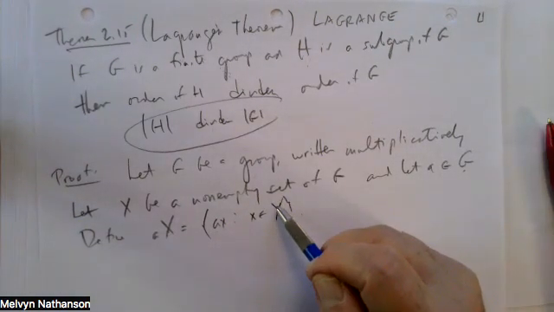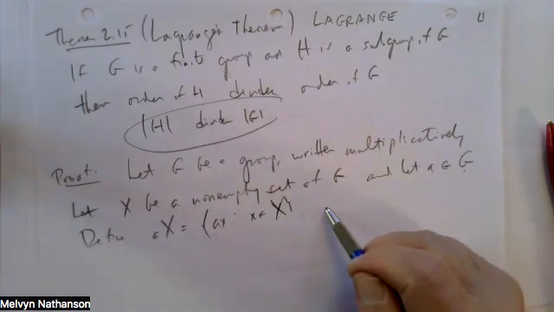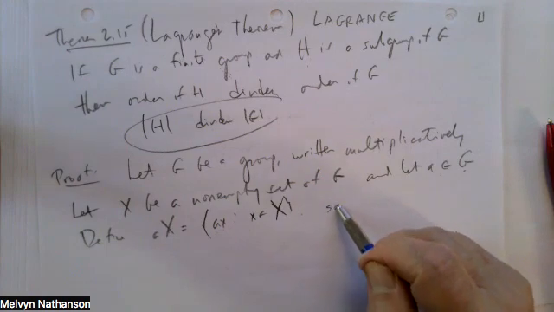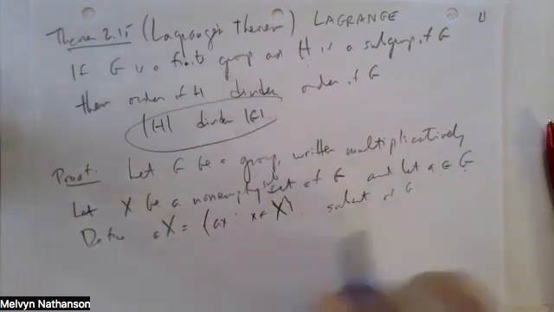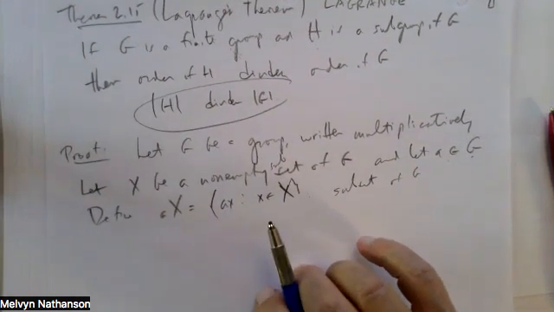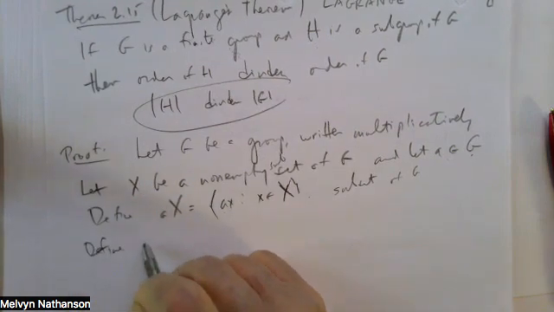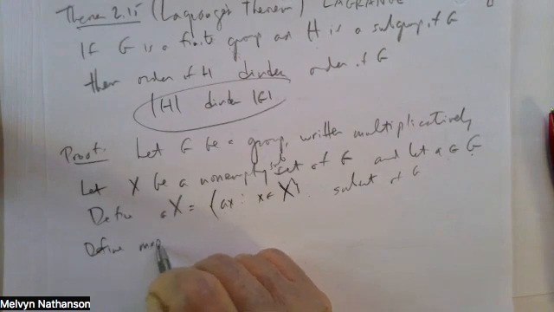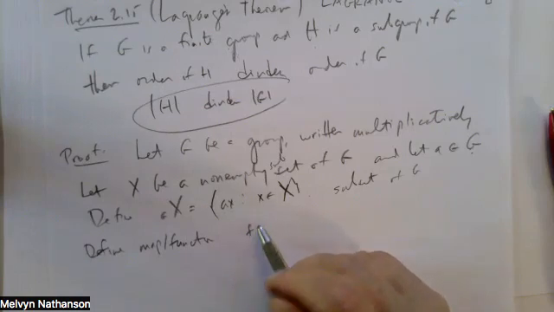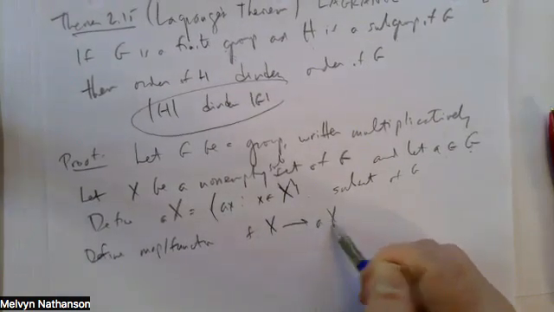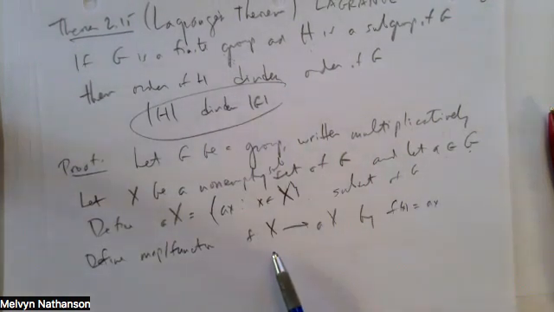So for every element in the set capital X, you multiply it by A, that's the set AX. This is another subset of G. And I can define a function, a map or a function, they mean the same thing, F from X to AX by F of little x is A times x.